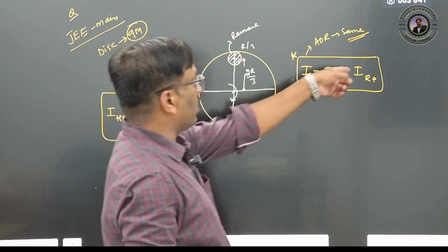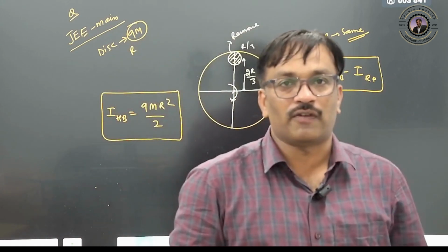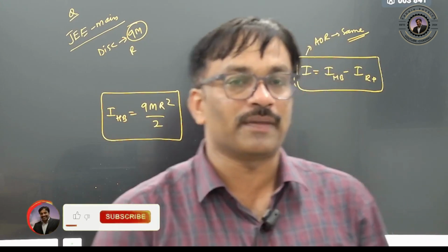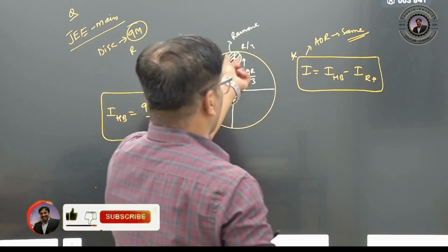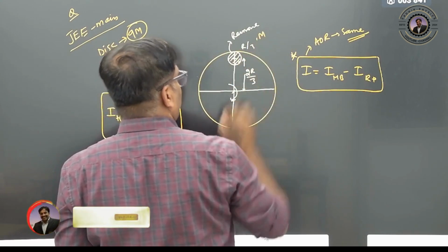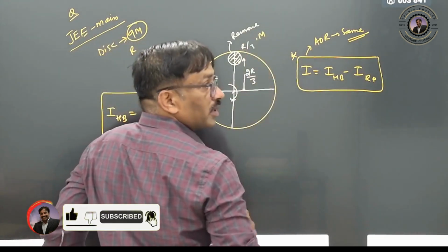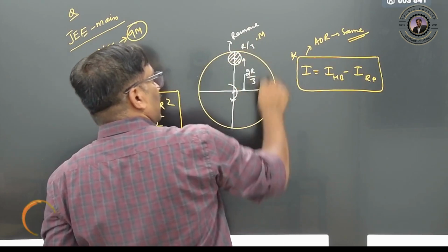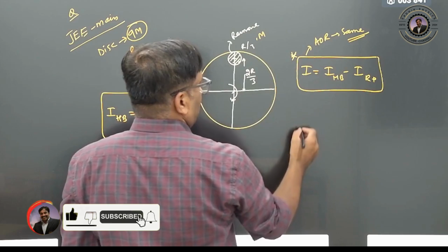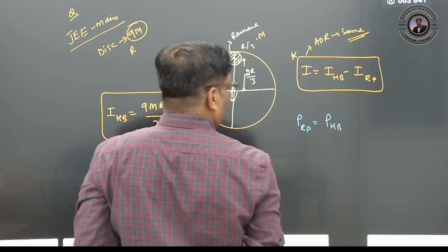Now we want to calculate the removed part. First of all, you have to calculate how much mass is there. We are removing from the same body, so the density will be the same, because it is the same material. Suppose the mass of the removed part is m. The density of the removed part and the density of the whole body will be the same.